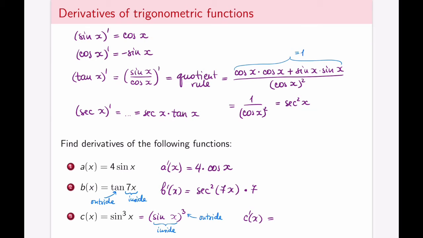The chain rule claims that first we actually take the derivative of the outside. The outside is the power of 3, which means this will come down to the front and the power will get reduced by 1. So 3 sine squared x times the derivative of the inside. So the derivative of sine of x, which is, as above, actually equal to cosine of x.